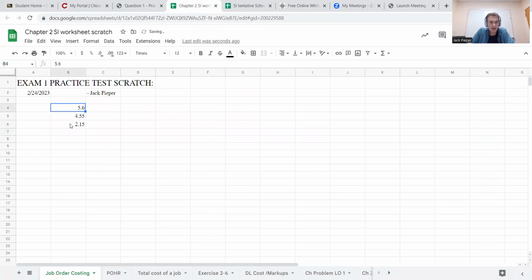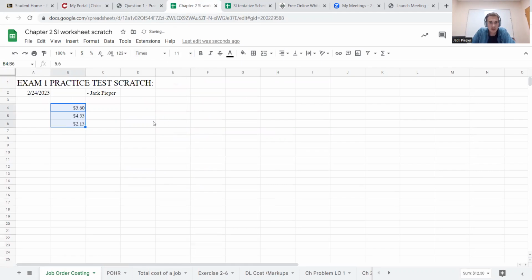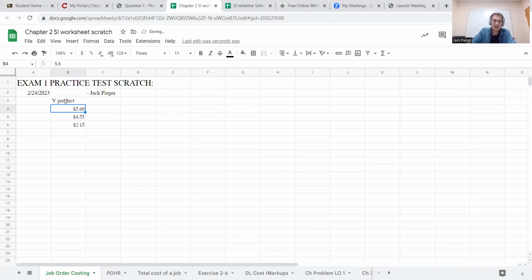And again, these are all in dollars, and I'll make this a little smaller so it doesn't take up too much space, but these are my variable product costs. Since they're all variable, I can just sum them all together.